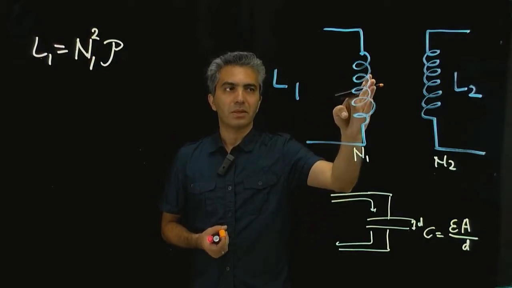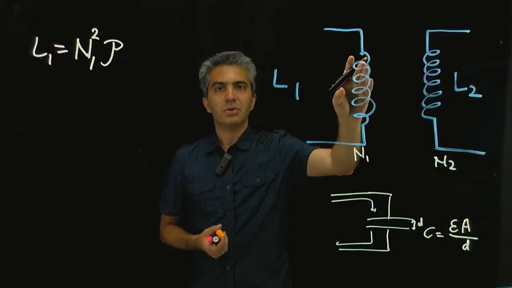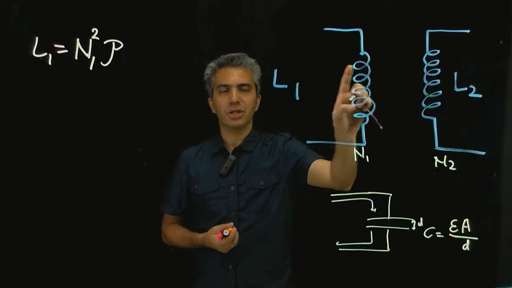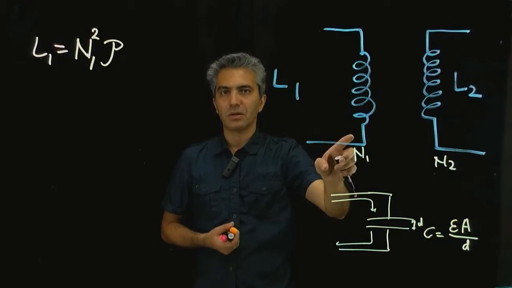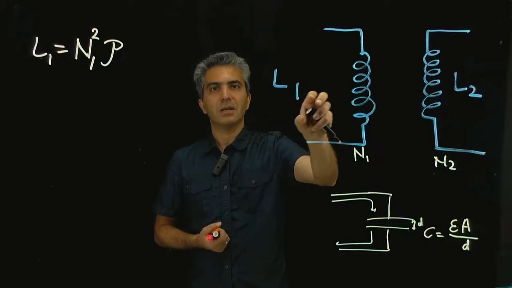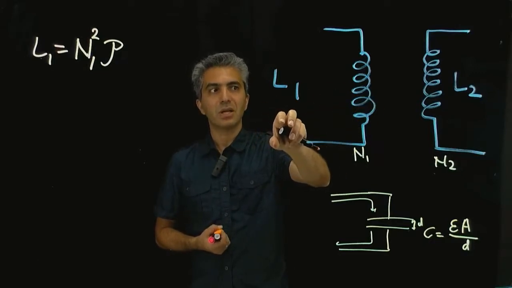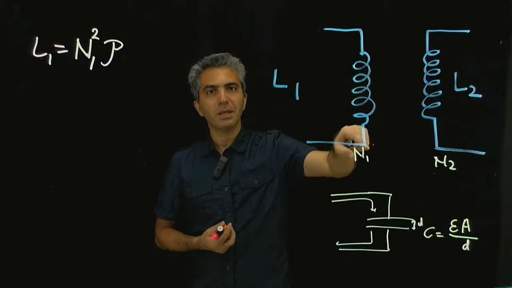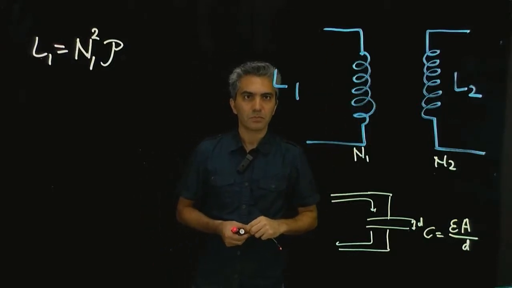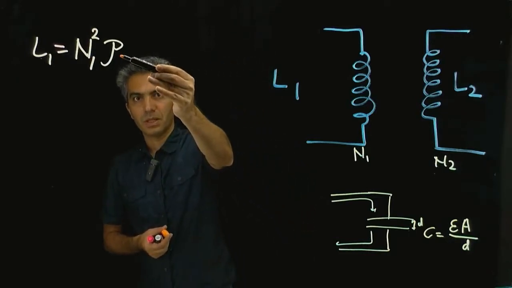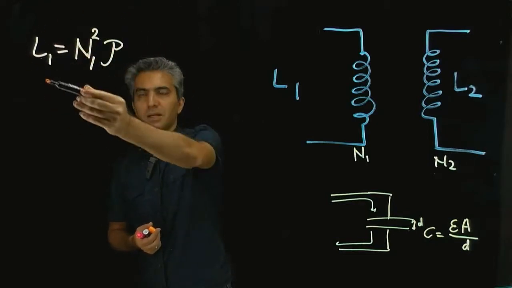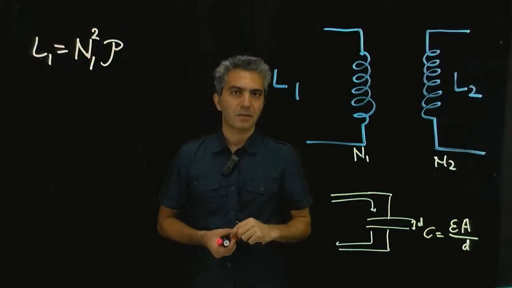So let's repeat that. You can tune how much of the energy associated with the current passing through the conductor is going to turn into magnetic field and be conserved in the form of magnetic energy by playing with the permeability of the medium in which that magnetic field is going to form. And that shows up in this equation by changing the value for the inductance.